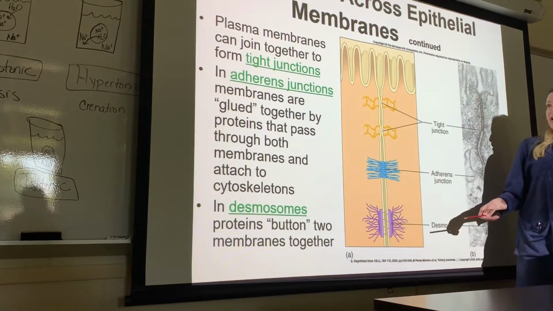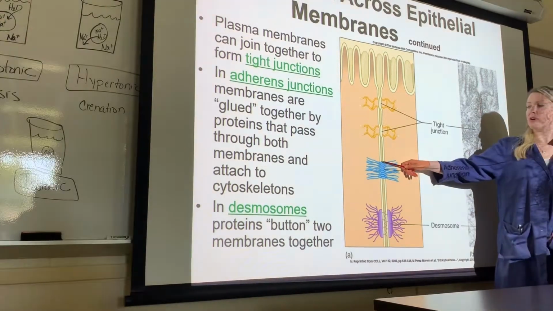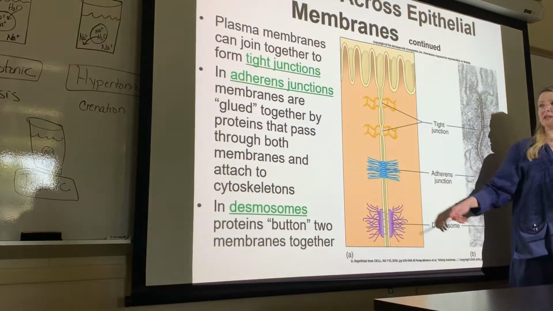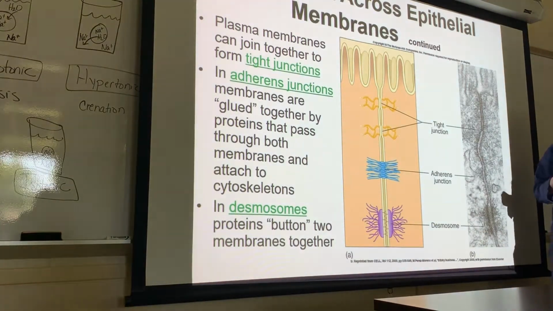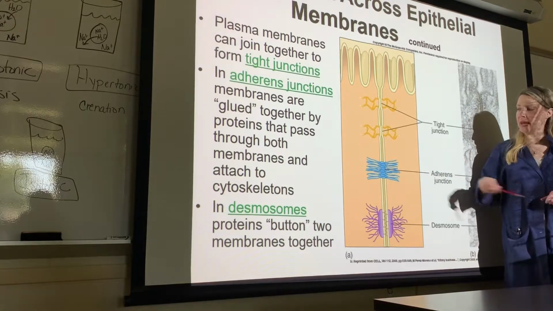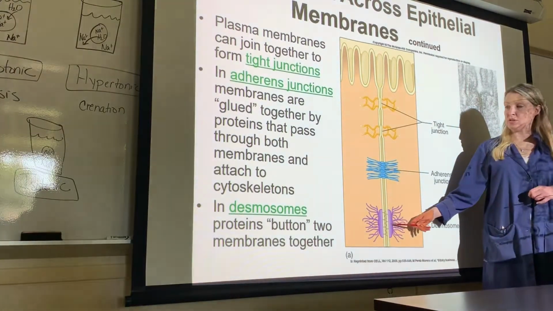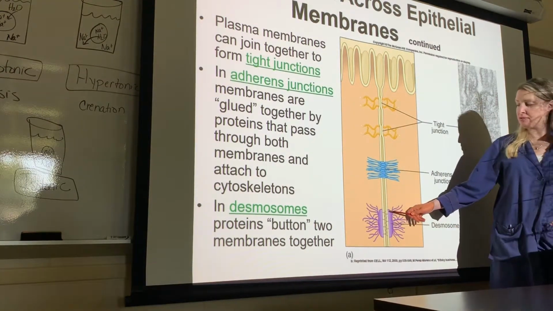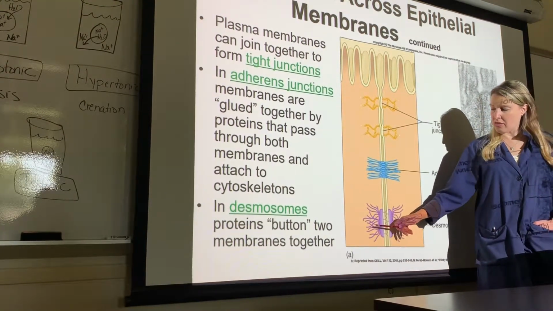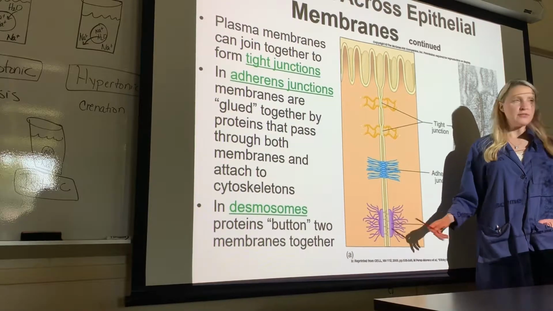We also have adherens junctions. This is where we've got the membranes, they're basically glued together and they're anchored in place by these cytoplasmic proteins. And then we have the desmosome junctions, which have these little protein buttons that help to anchor these little fibers, which kind of stretch a little.